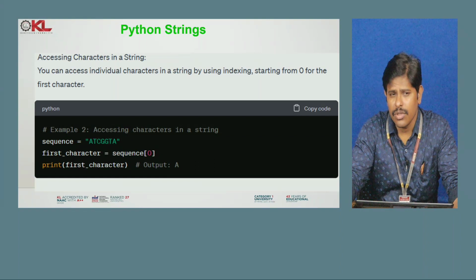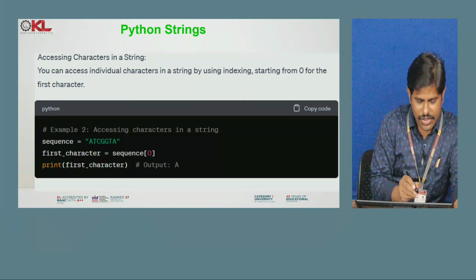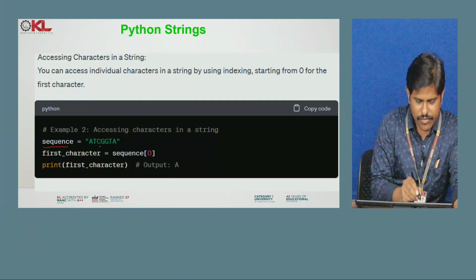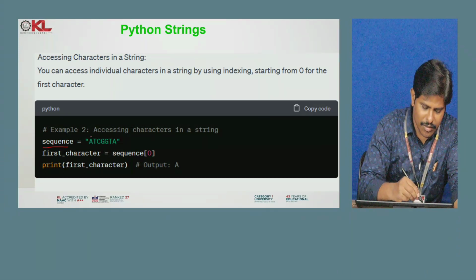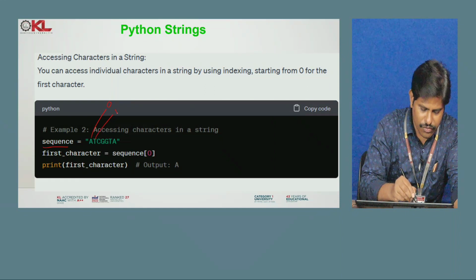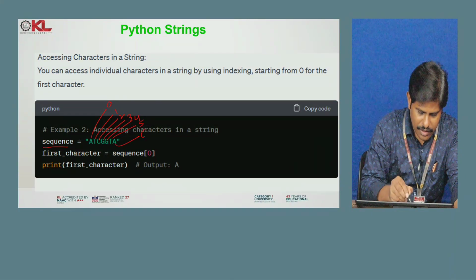Python gives numbering to strings, lists, and tuples, and the numbering starts with 0. Let us consider this sequence. Sequence equal to ATCGGTTA. Here the numbering of the first character A is 0, then 1, 2, 3, 4, 5 and 6.